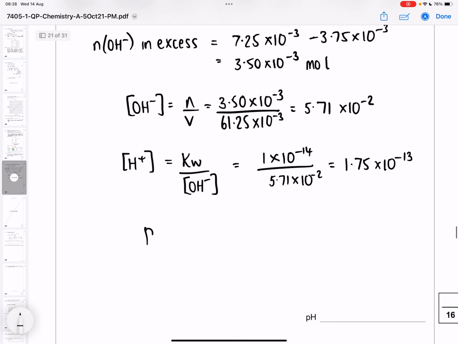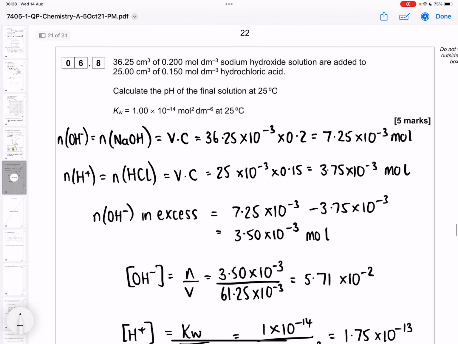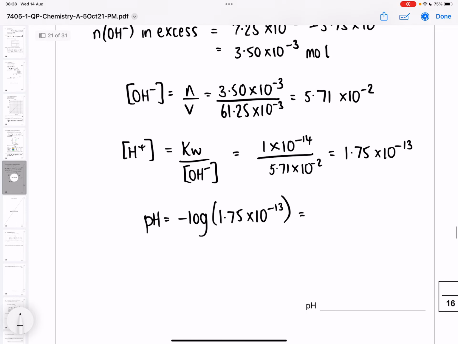And then we're going to do pH is minus the log to the base 10 of that hydrogen ion concentration that we've just worked out. And if we've done this right, we should get an alkaline pH. And remember, we always give pHs to 2 decimal places. So we're going to put that in our calculator, 12.76. And we've got our answer.